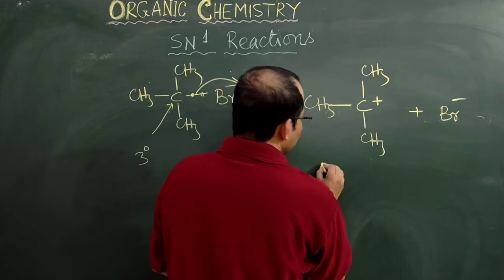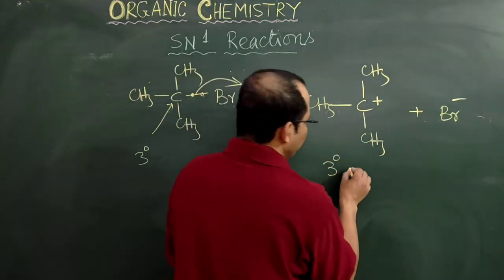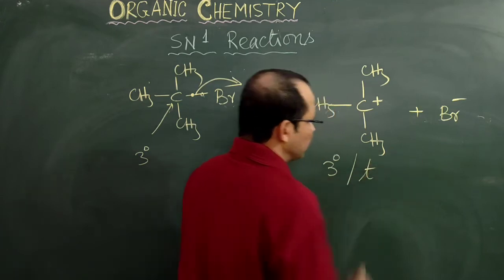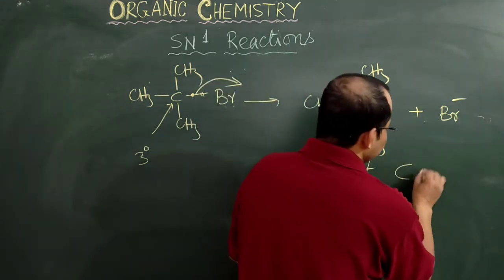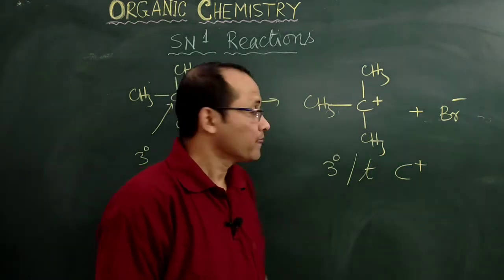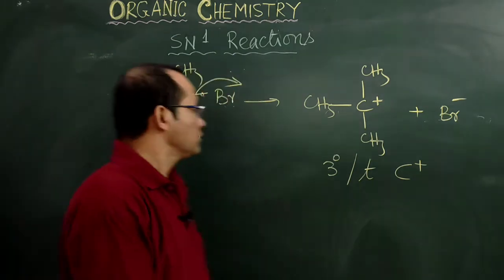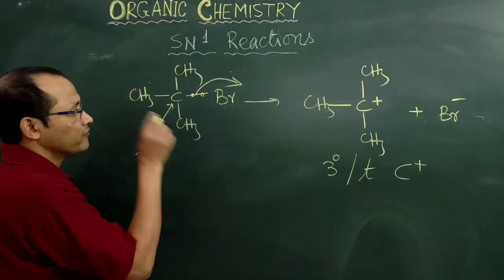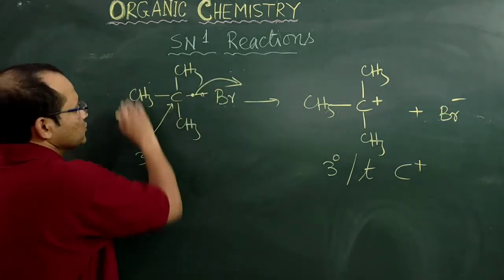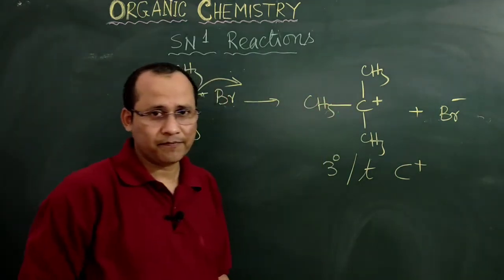Look, this is one carbocation which is 3 degree in nature, or it is termed tertiary also. This tertiary carbocation is very stable. Since this 3 degree carbocation is very stable, in this reaction very often it will readily form first.